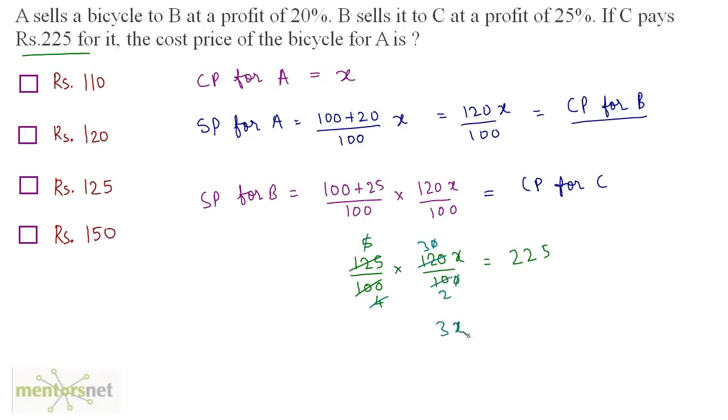So 3X by 2 is equal to 225. Therefore X is equal to 225 times 2 by 3. 3 times 75 is 225, therefore X is equal to 75 times 2, which is 150. So we have our answer, option C, which is the cost price for A.